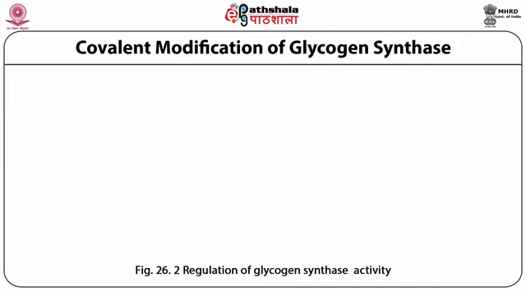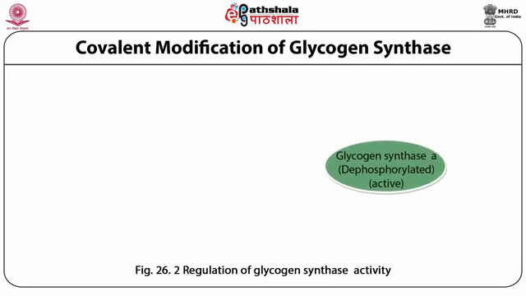Inactive glycogen synthase to active glycogen synthase. There is a difference between the phosphorylated and dephosphorylated forms. The glycogen synthase enzyme exists in two forms.